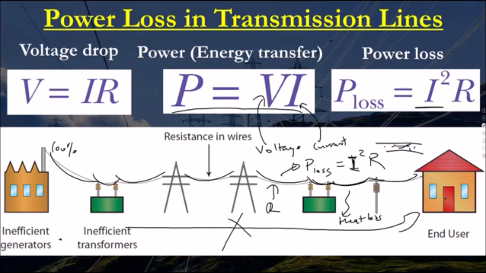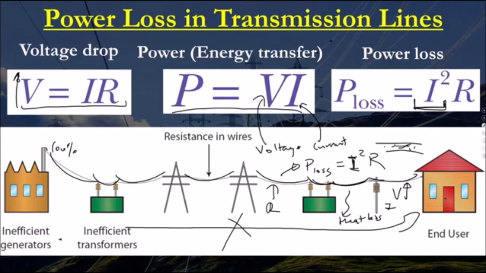So how do we combat this? Well, you can see that voltage is not part of the equation here. And we know that in this equation, if we increase voltage, we can essentially decrease the amount of current available. So what actually happens in real life is you would increase the voltage from the generator all the way pretty close to us, and then they reduce that voltage and increase the current back again.